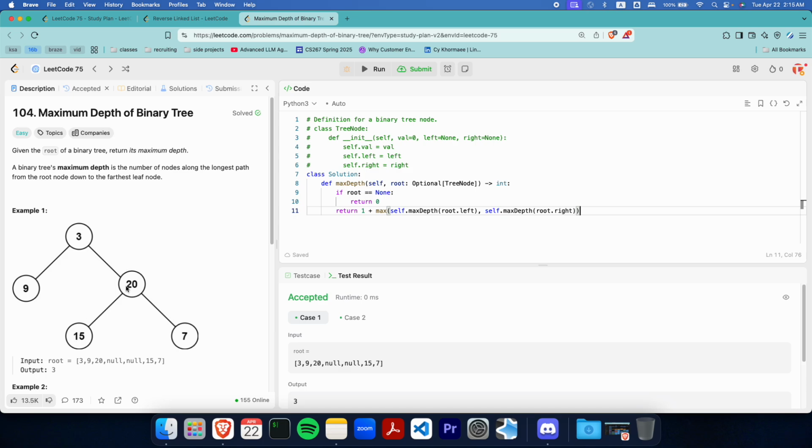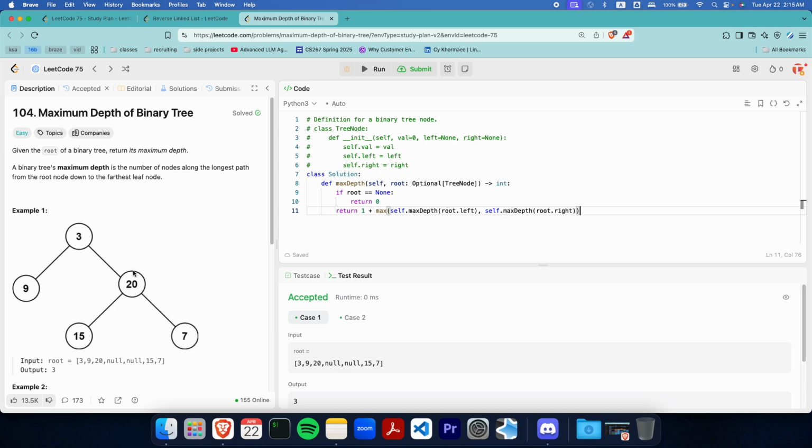We go back up to node 20, and we've already done max depth on root left, which was 15, so that gave us 1, and the right root also gave us 1. So we take the maximum of the 2, that's just 1, so we do 1 plus 1.